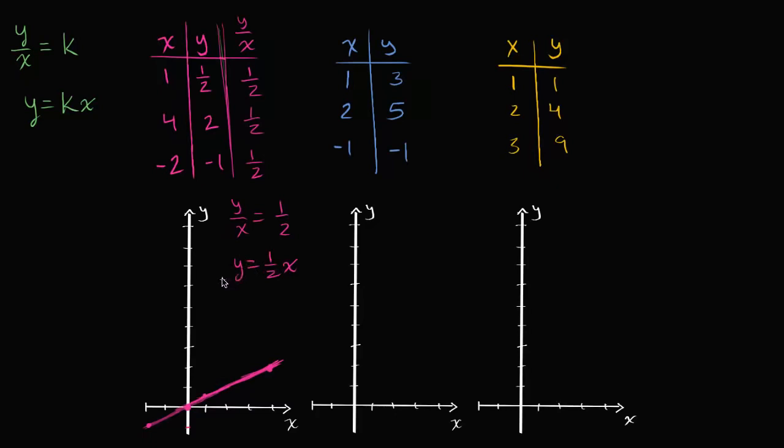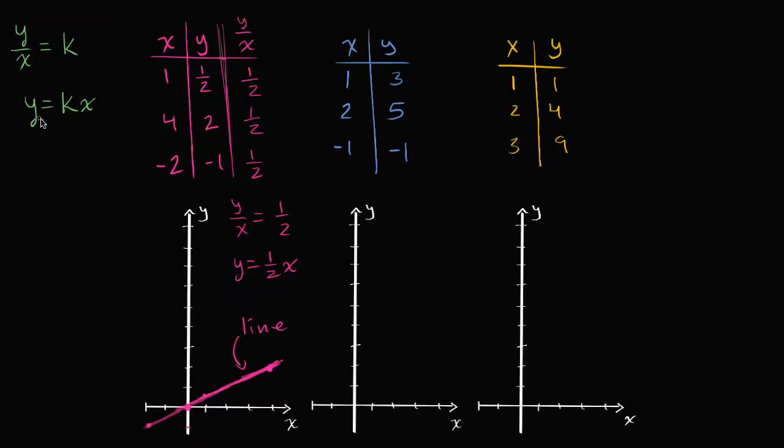And so let's think about some of the key characteristics. One, it is a line. This is a line here. It is a linear relationship, and it also goes through the origin. And it makes sense that it goes through the origin, because in a proportional relationship, actually when you look over here, 0 over 0, that's indeterminate form, and that gets a little bit strange. But when you look at this right over here, if x is 0 and you multiply it by some constant, y is going to need to be 0 as well.